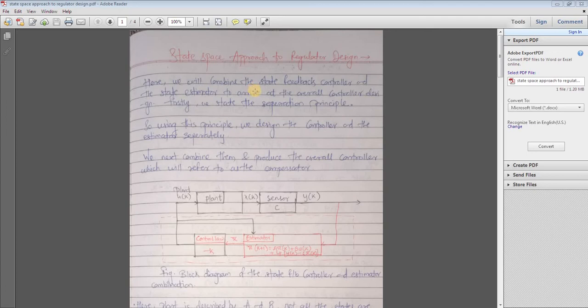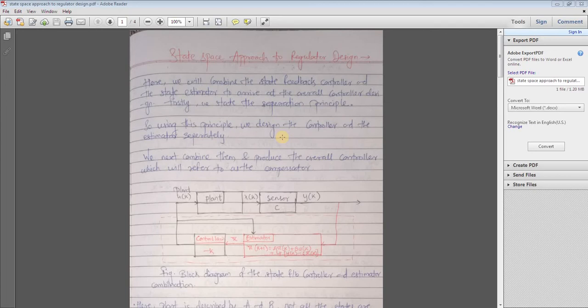For that we will use the separation principle. Using this principle, we design the controller and the estimator separately. Then we combine them and produce the overall controller, which will be referred to as a compensator. Lastly, we are going to look at an example of a controller, or compensator, design.